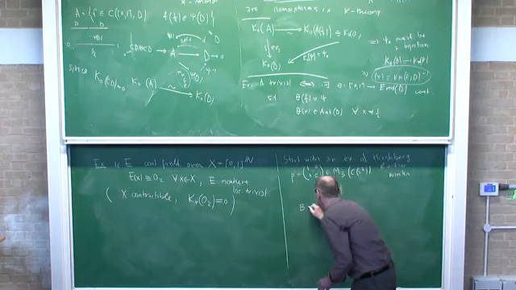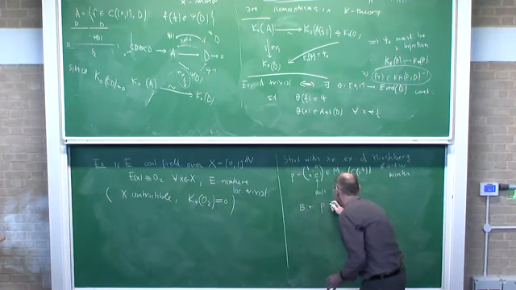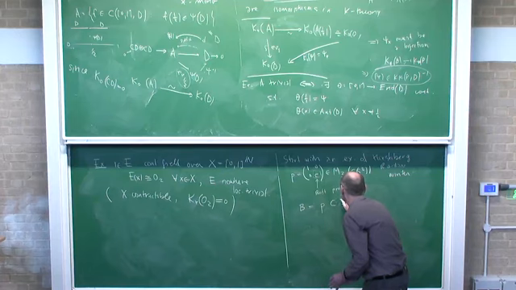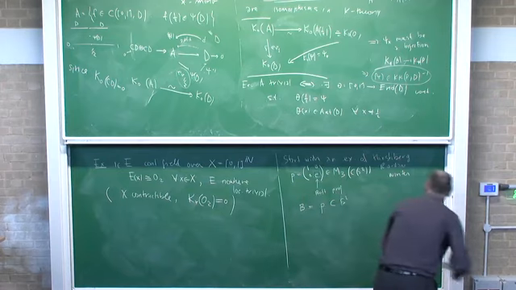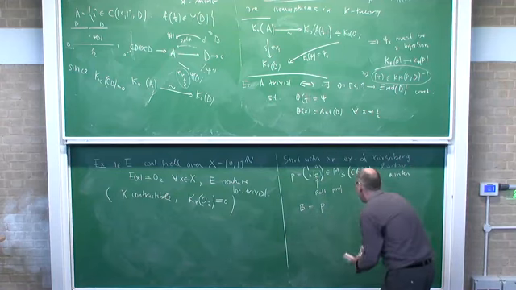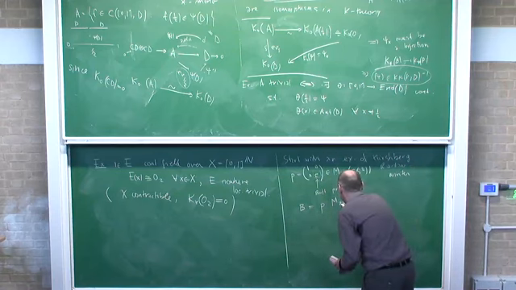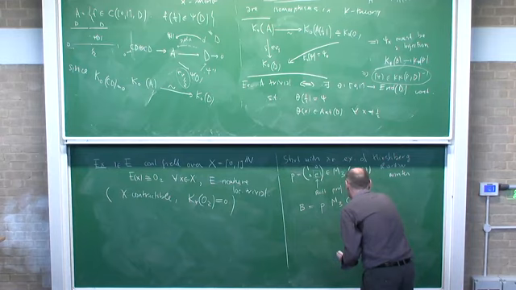And then I consider the algebra B. I compress the 3 by 3 matrices, I take the corner.